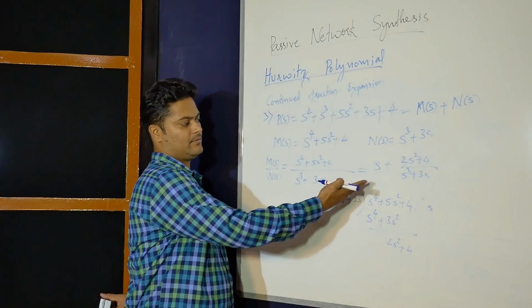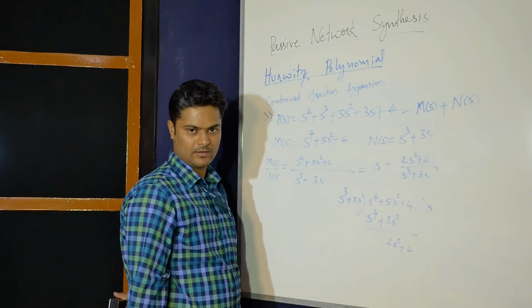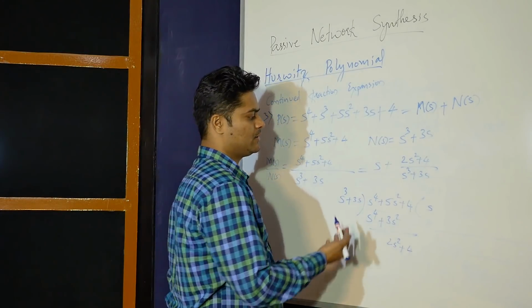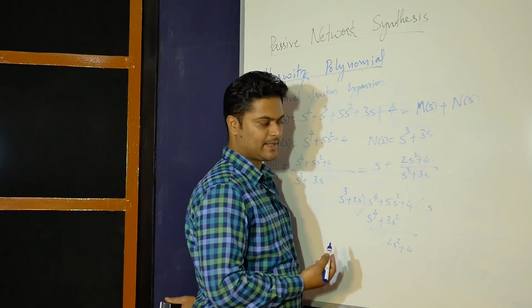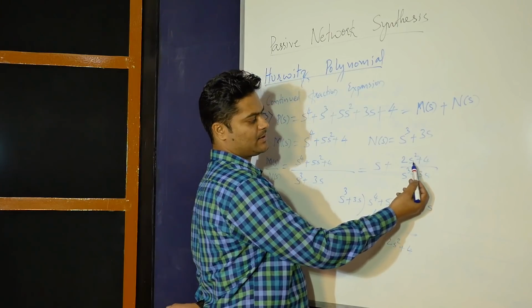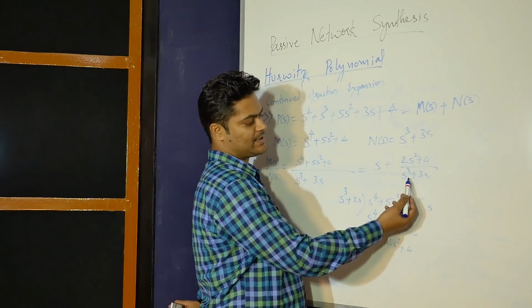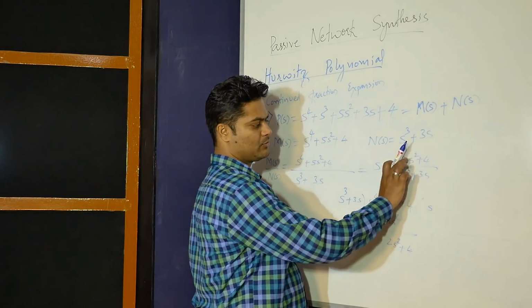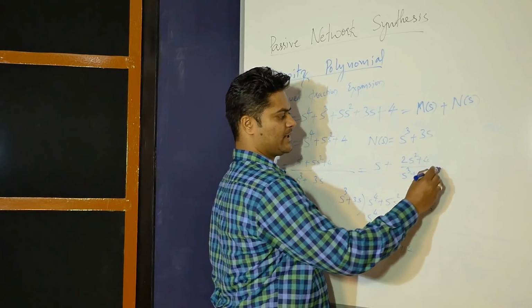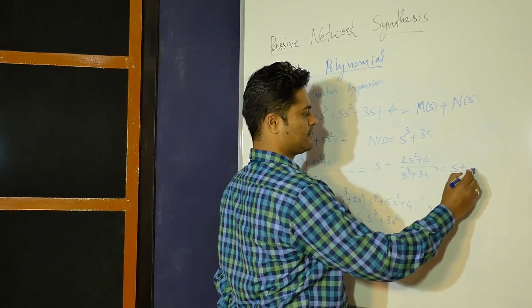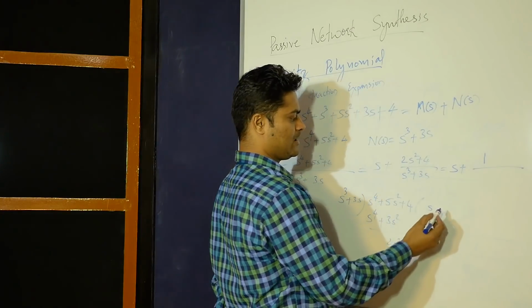As we said, alpha 1 here is 1, definitely positive. We can go further with the continued fraction expansion. The numerator is now of order one degree less than the denominator, so we invert this and write s plus 1 by.